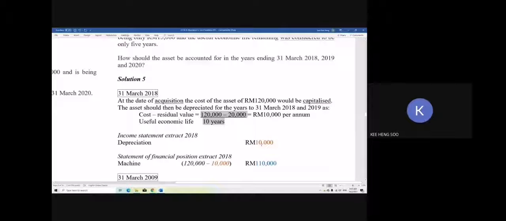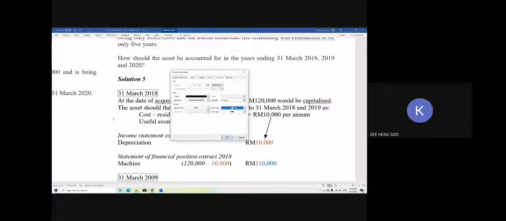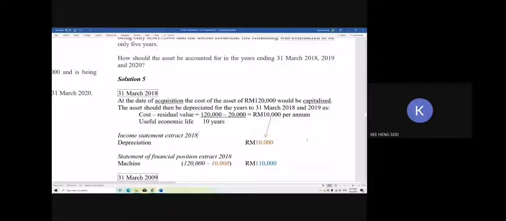You can get your depreciation. So depreciation will be 10,000 per annum.